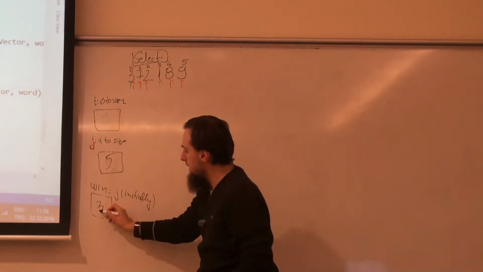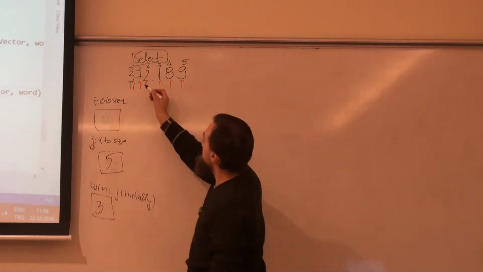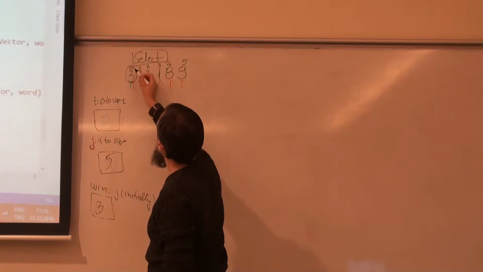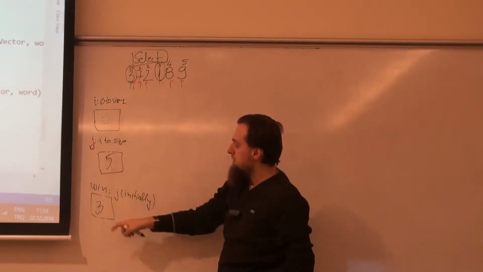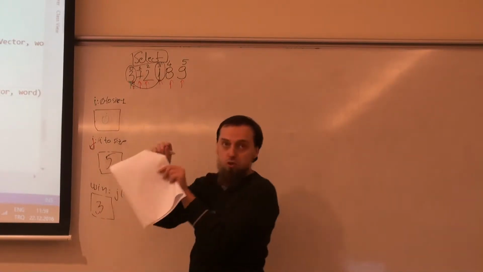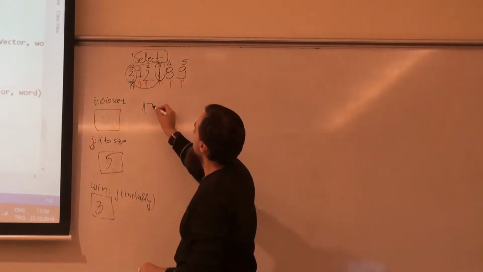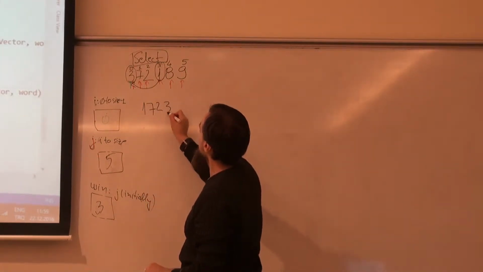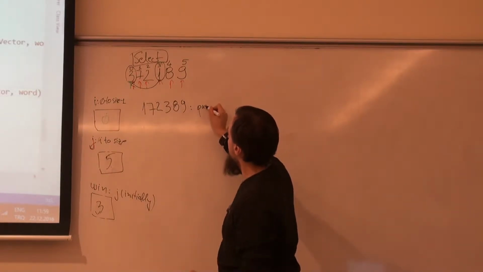When it's finished, I swap the places of this index with the minimum I found. Basically, I've swapped index 0 with index 3. i is 0, minimum index is 3. I swap them, that's why I call the function swap. And here I have 1, 7, 2, 3, 8, 9. This is pass 1.